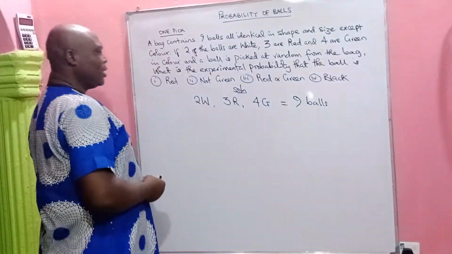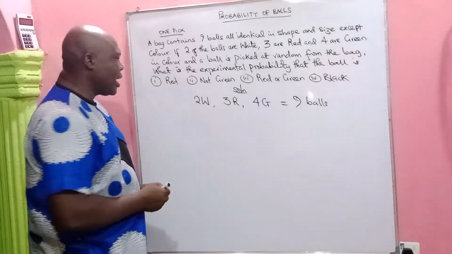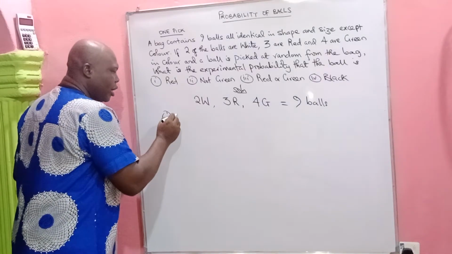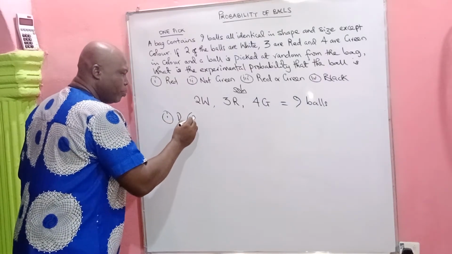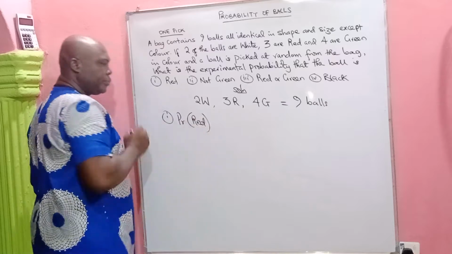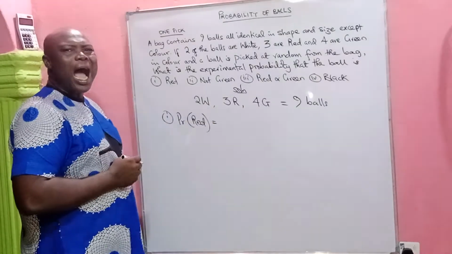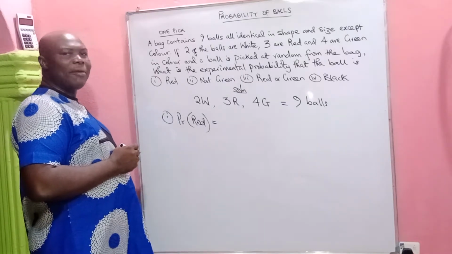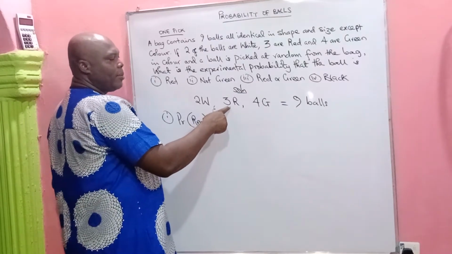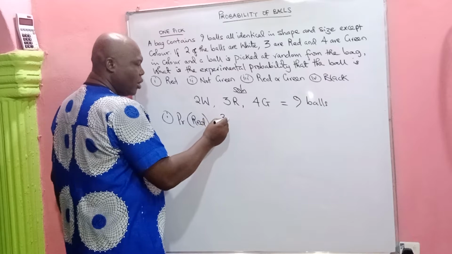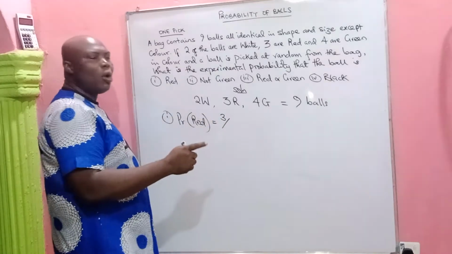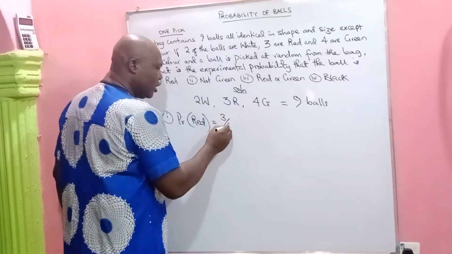So let's see, what is the probability that the ball you picked is a red ball? How many red balls do we have in that bag? There are 3 red balls. So that will be 3 over how many total balls we have in the bag, which is 9.